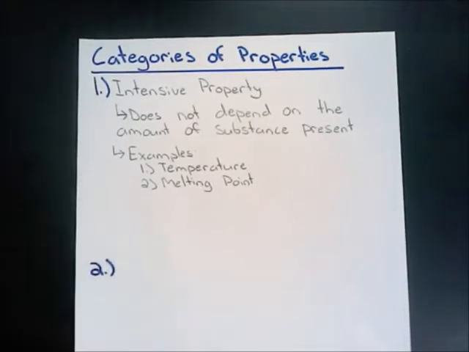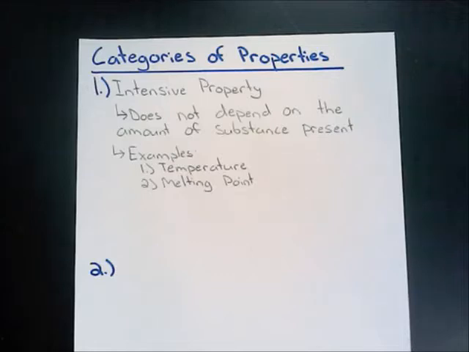Ice, pure water that's frozen, is always going to melt at 0 degrees Celsius under standard conditions. And that is something that it doesn't matter if we have a whole bag of ice or we just have 1 ice cube. Again, it doesn't matter how much we have of that stuff.